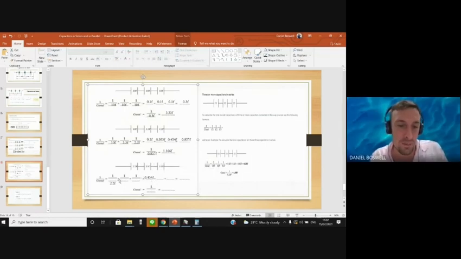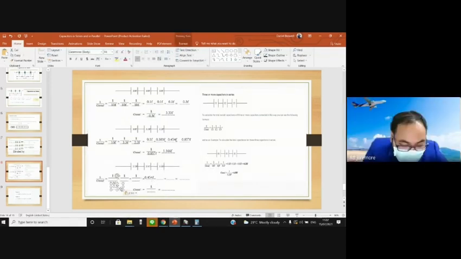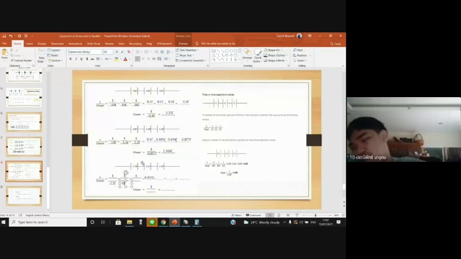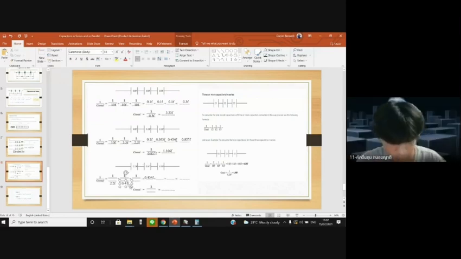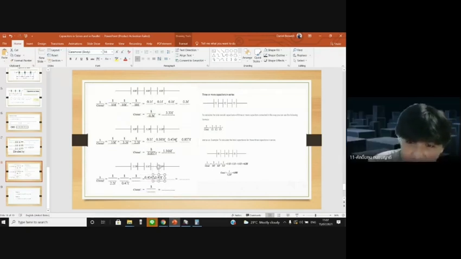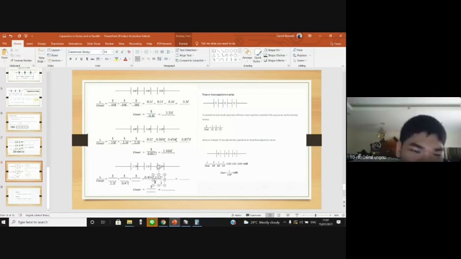Good. Now we're going to do 1 divided by 0.47 farad. We got 2.127 farad. The last one is 0.303.